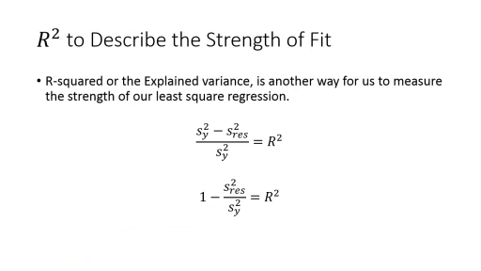Okay, R squared. It describes the strength of the fit. So R squared, or the explained variance, is another way to measure the strength of it. One way of doing it is taking the standard deviation of the y's squared minus the standard deviation of the residuals squared, divided by the standard deviation of the y's squared.